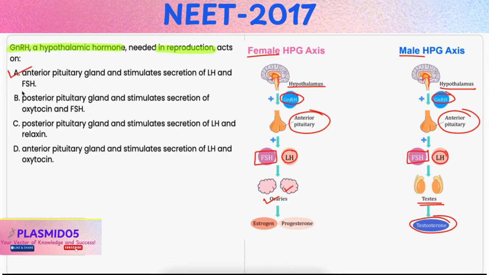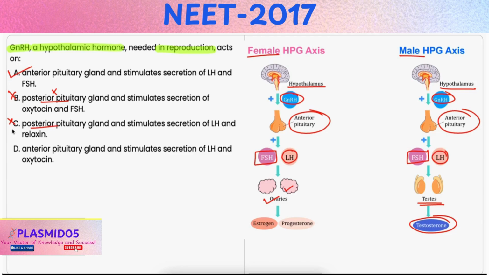Option B, posterior pituitary gland and stimulates the secretion of oxytocin and FSH. Now, the posterior pituitary gland does not respond to GnRH. Hence, it is incorrect. Option C, posterior pituitary gland and stimulates the secretion of LH and relaxin. It is also incorrect. As already stated, the posterior pituitary gland does not respond to GnRH.